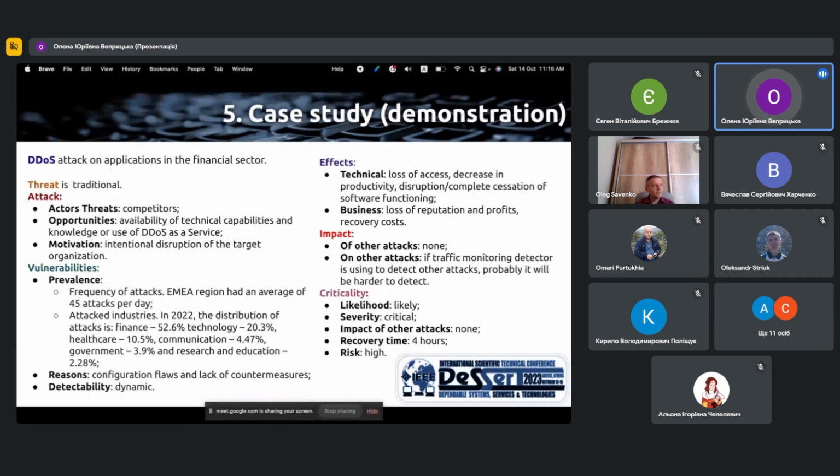Technical effects are loss of availability, business effects are loss of profit. About the impact: let's imagine that we have an anomaly detector that determines DDoS and intrusion attacks. In the case of a simultaneous attack, it's significant to check if the system is able to recognize both of them.